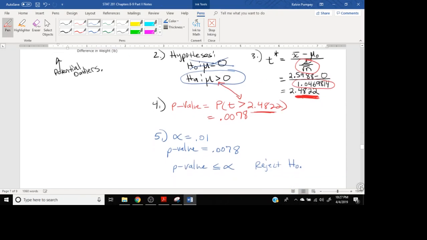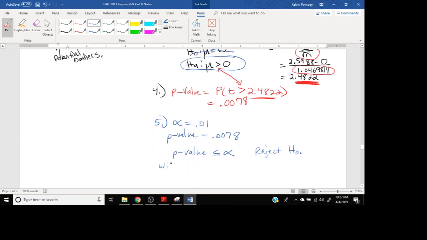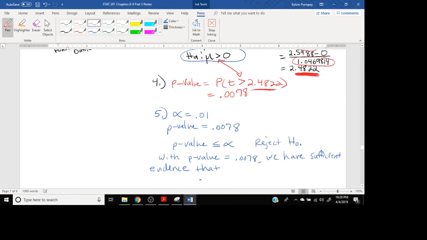And so I'm going to say with p-value equal to 0.0078, we have sufficient evidence that, and I'm going to state my alternative hypothesis, mu is greater than 0.